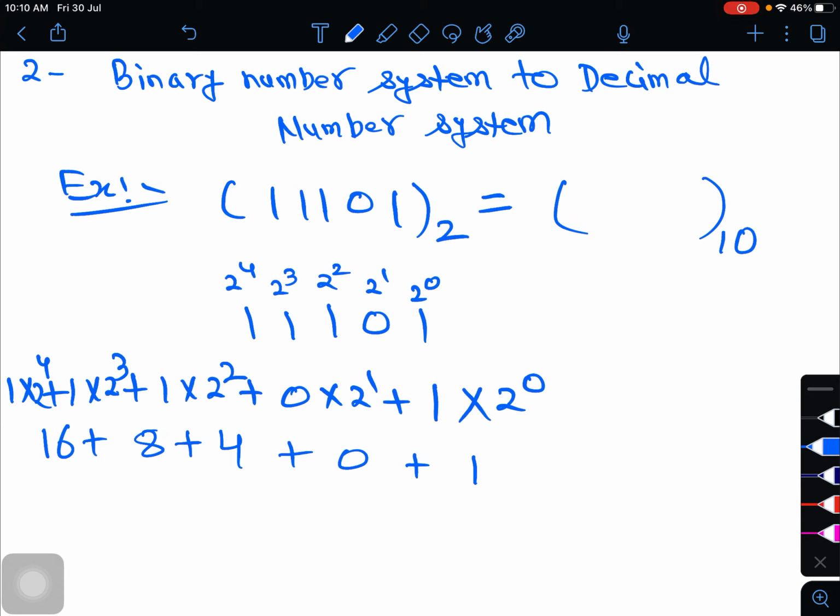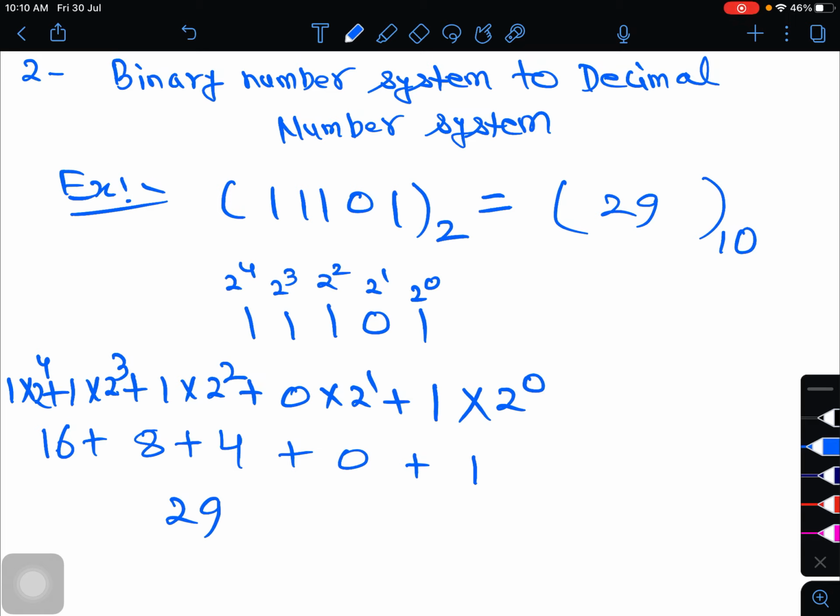So just add all these digits: 16 plus 8 is 24, plus 4 is 28, plus 1 is 29. So look at here, we get our result. In this way we can convert binary number system to decimal number system.